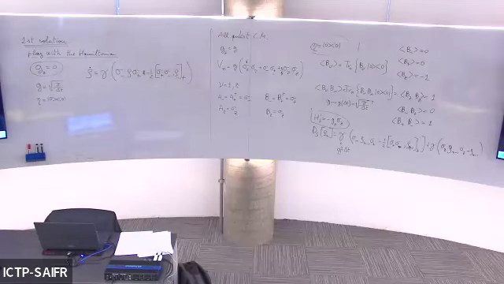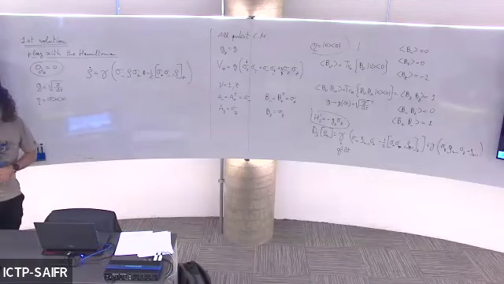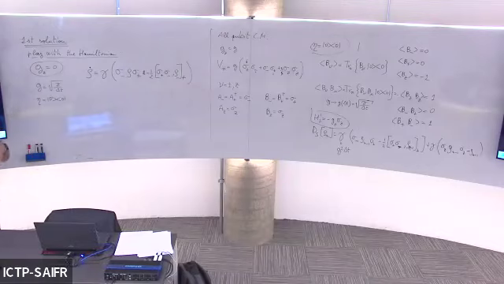So if you compute, you get this equation. Now, has anybody seen this equation in the past? It's the spontaneous decay of a two-level atom in a path.